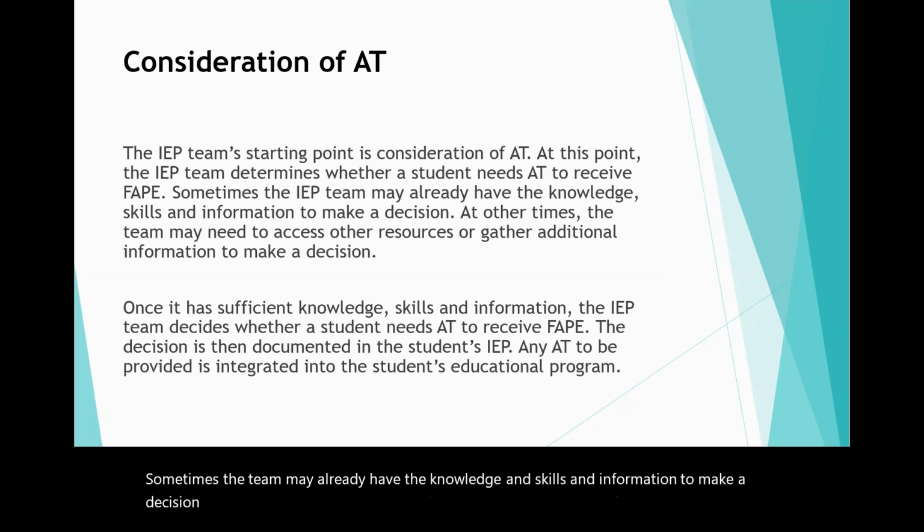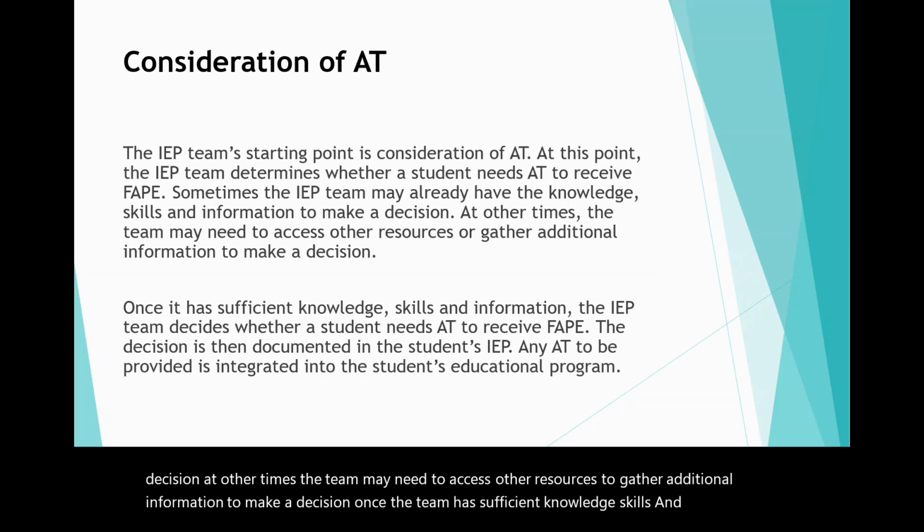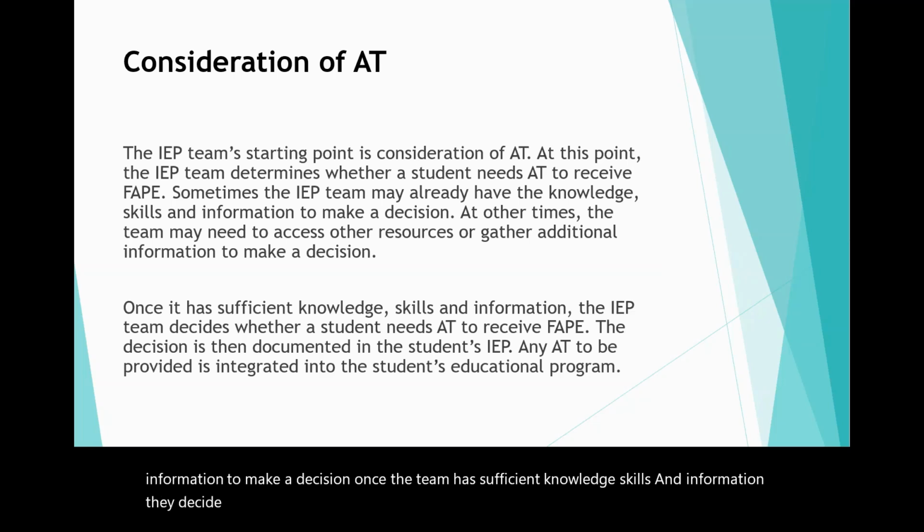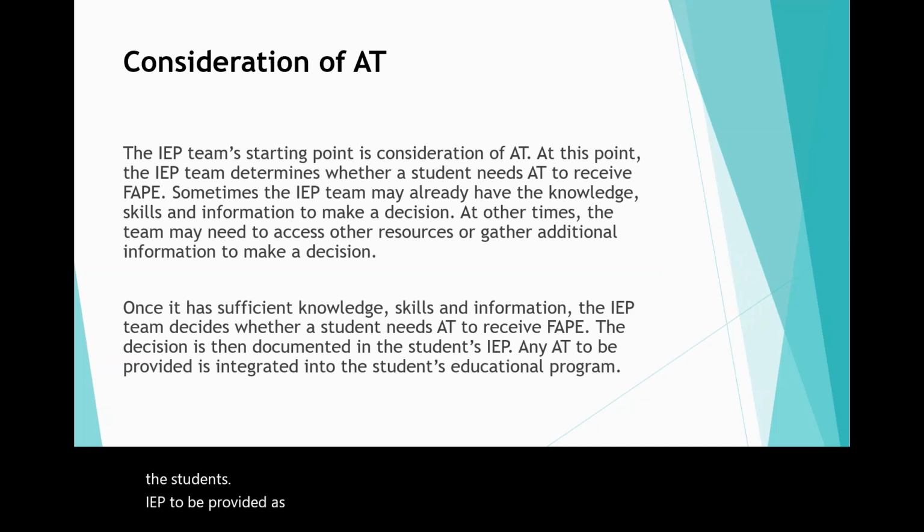At other times, the team may need to access other resources to gather additional information to make a decision. Once the team has sufficient knowledge, skills, and information, they decide whether a student needs AT to receive FAPE, and the decision is documented in the student's IEP to be provided as integrated into the educational program.